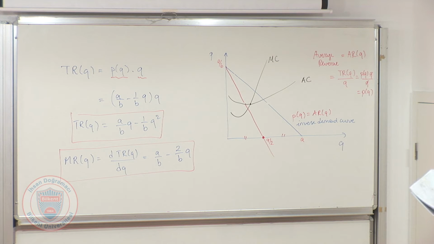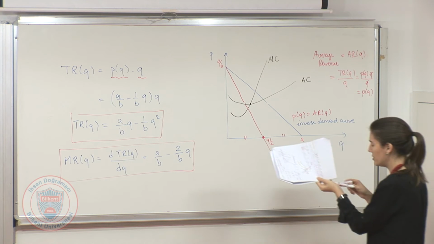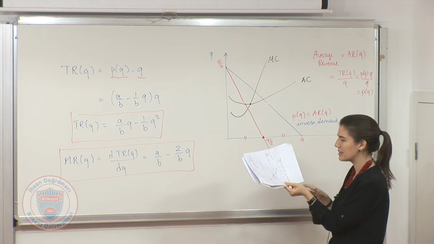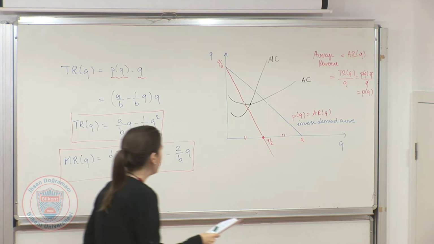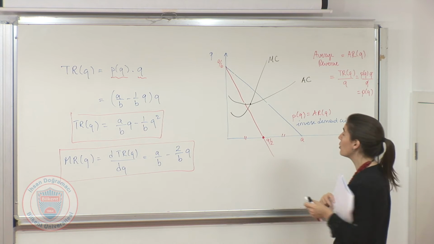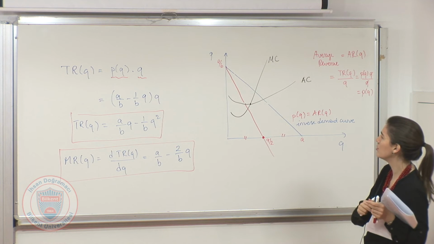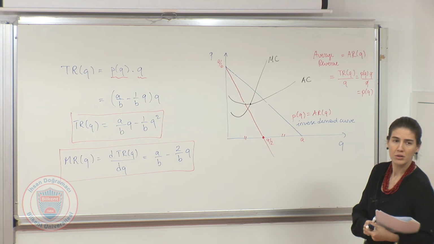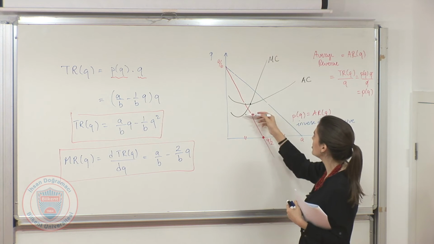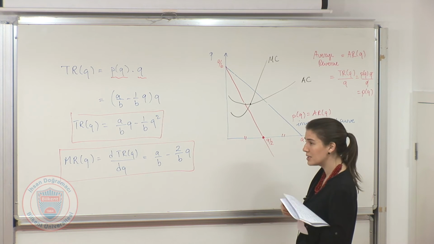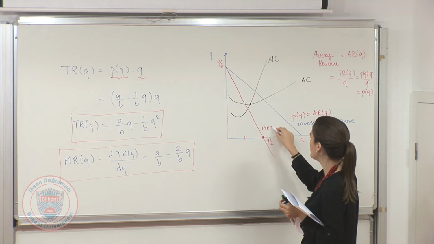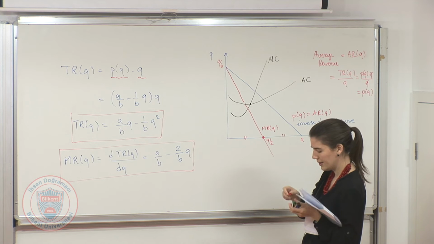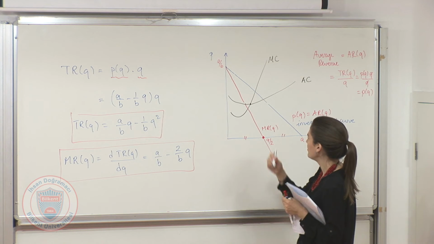Then, what about the profit maximizing condition? I know that the firm is going to set marginal cost equal to marginal revenue. This is marginal cost, and this is marginal revenue, MR(Q).